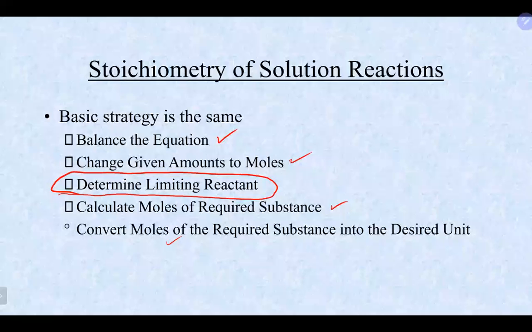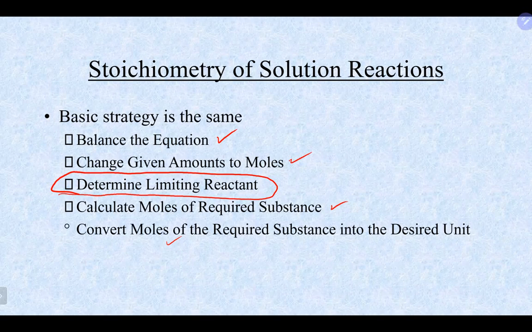A reminder that it is when each reactant, either they're given to you in moles, or you have enough information to get to moles for each reactant. That is how you know it's a limiting reagent problem.